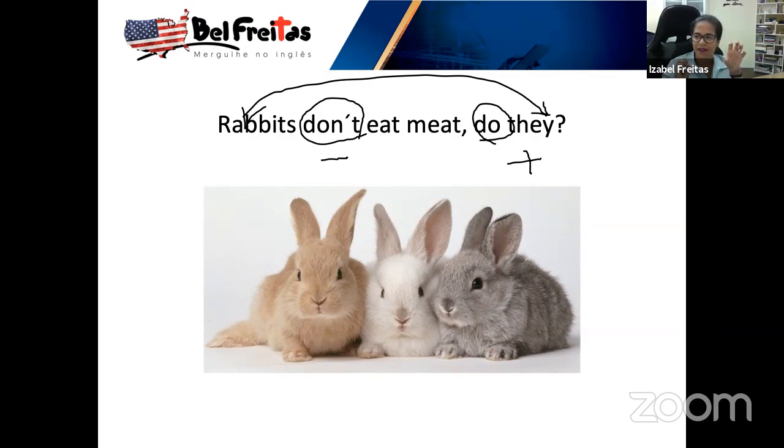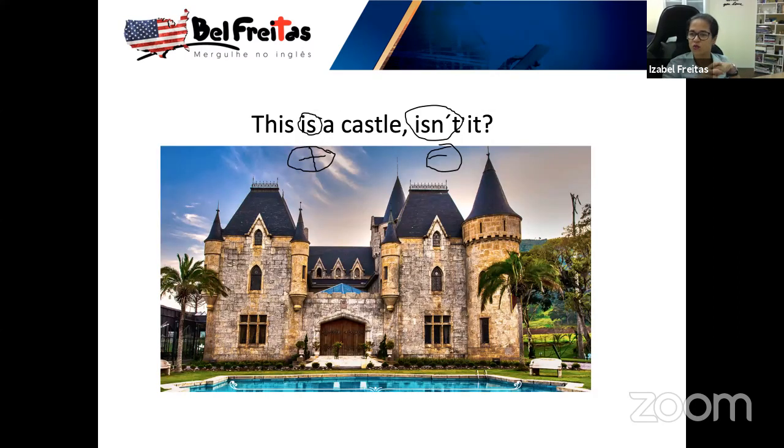Rabbits is the subject, rabbits, they. So on the other side, I write they. You see, the tag question refers to the first part. Look at this one. Here we have the verb to be. Look what happened.